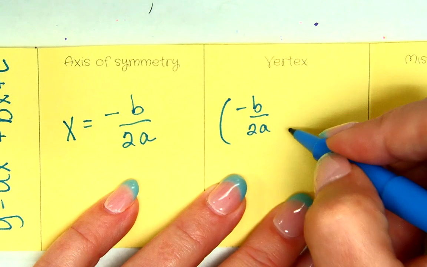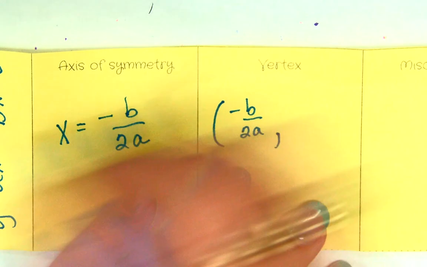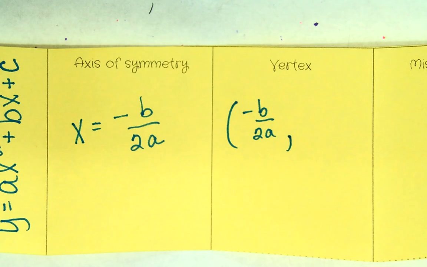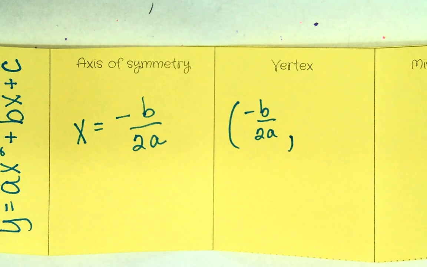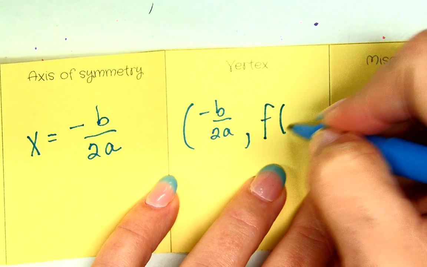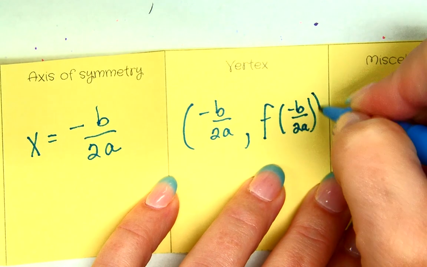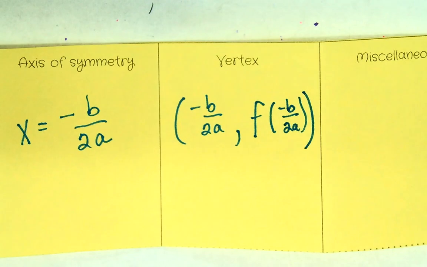Okay, good. Now, the y-coordinate of the vertex looks messy. Don't let it scare you. It looks like this: f of negative b over 2a.